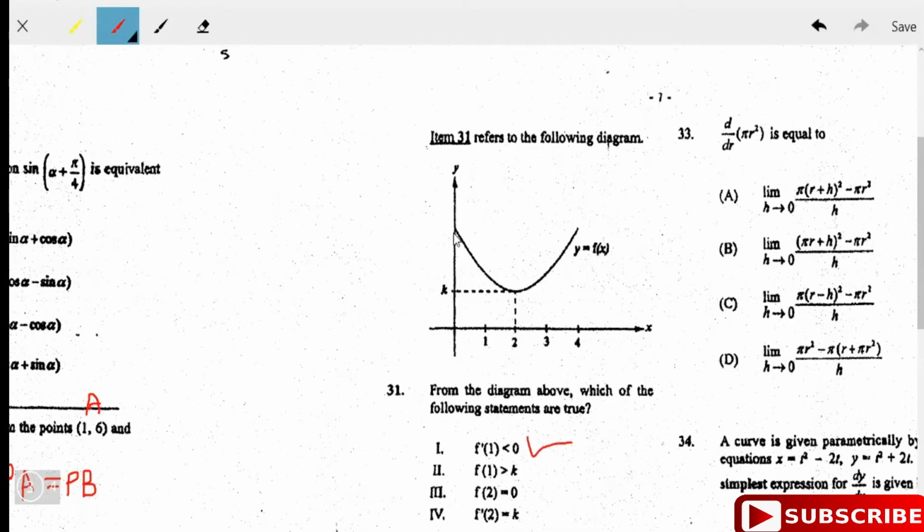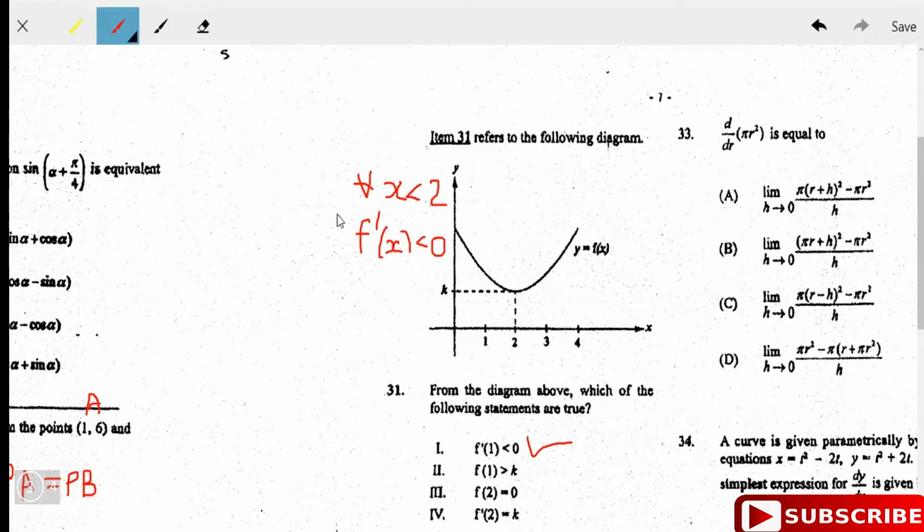Right here, the function is decreasing. So for all x being less than 2, f prime of x is less than 0. F prime of x is the gradient. So everywhere over here, the gradient is negative.